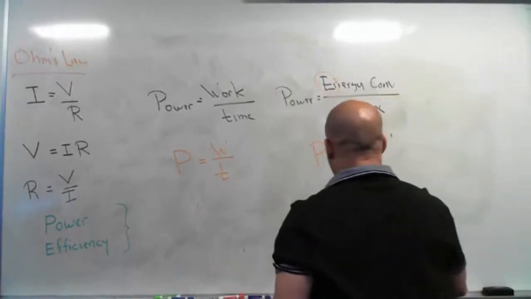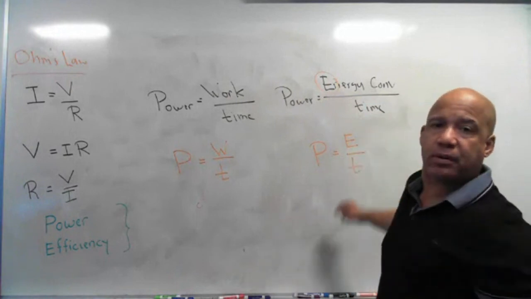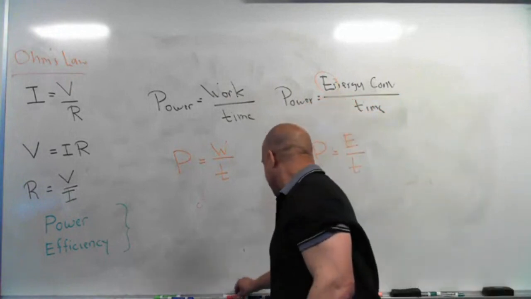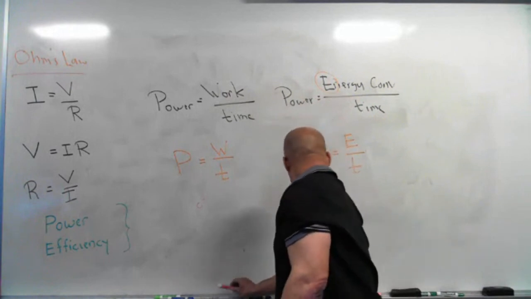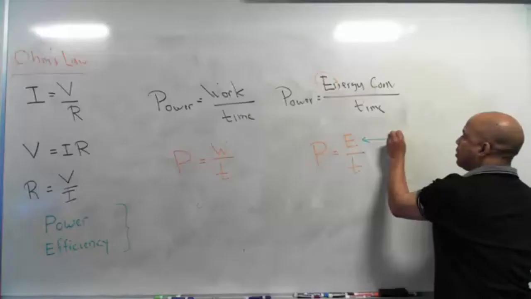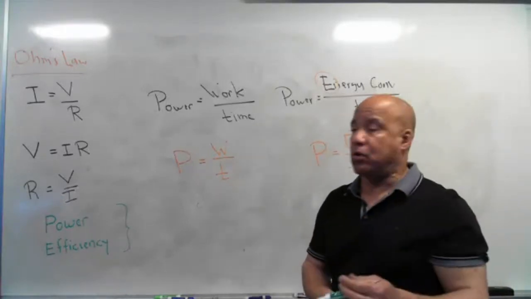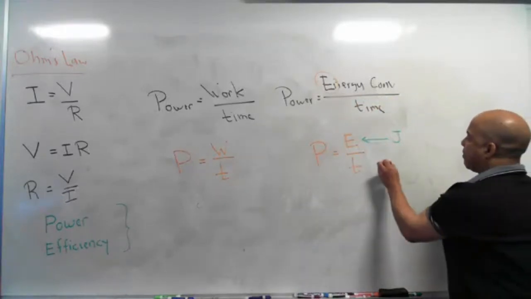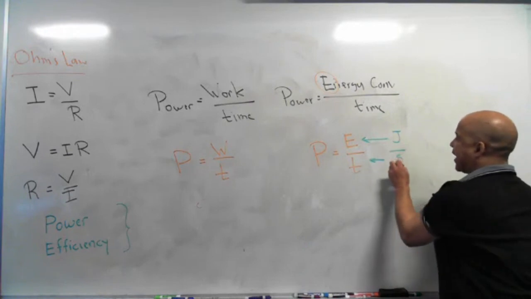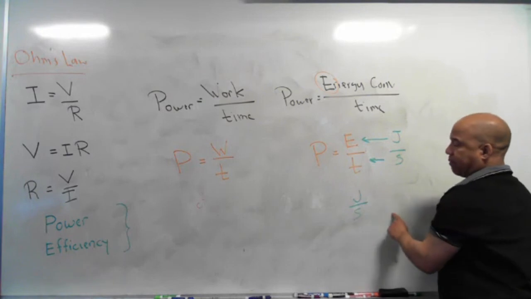Now, what is the unit for energy? Anybody? Is it the watt? Is it the joule? It's the joule. The unit for energy is the joule. And of course, for time, it's the second. So power has units of joules per second.